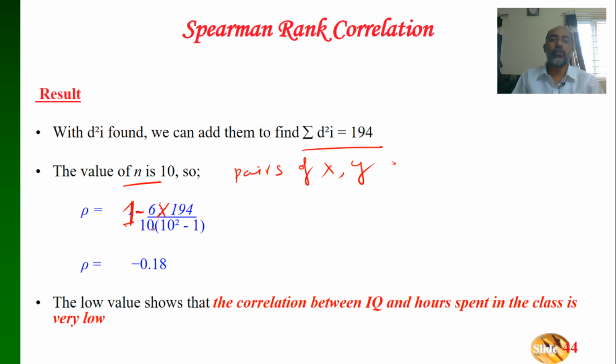So 10 into 10 square minus 1, n is 10, so with that calculation you get the conclusion. The value you will get is minus 0.18.